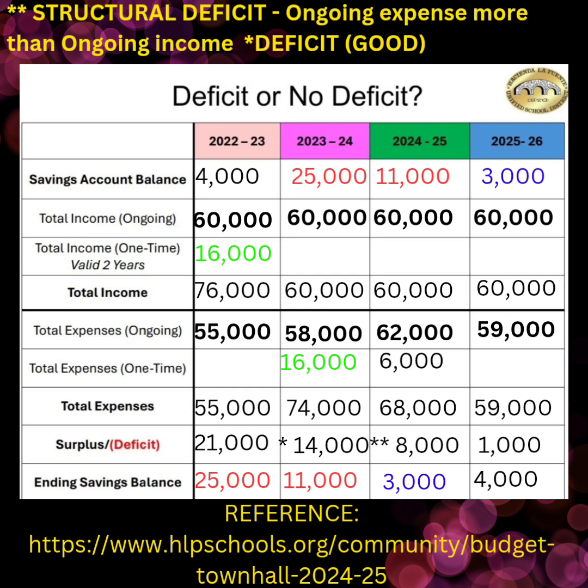What happened is in 2021-22, the year after COVID, we received about $89 million one shot from the federal government.